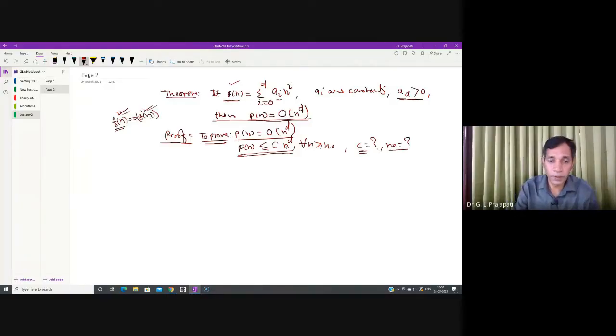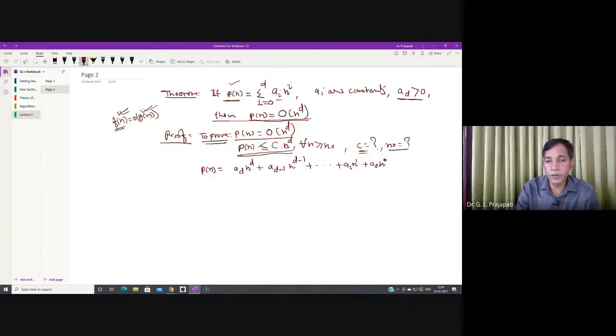So how can we prove it? Here we have P of n, and P of n is simply ad n to the power d plus ad minus 1 n to the power d minus 1 plus, say, a1 n to the power 1 plus a0 n to the power 0.